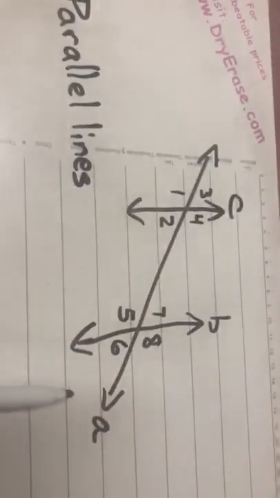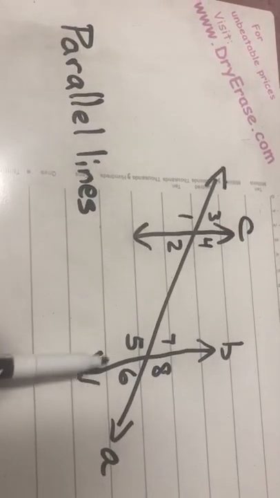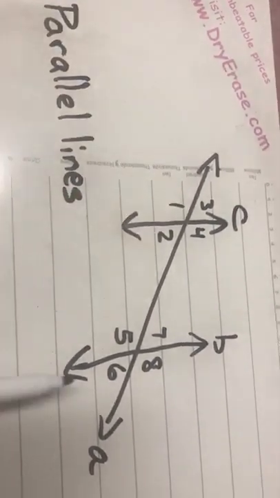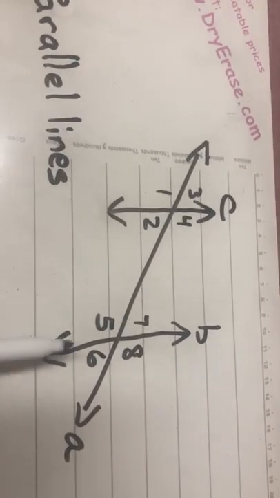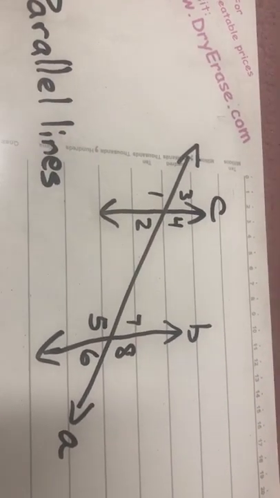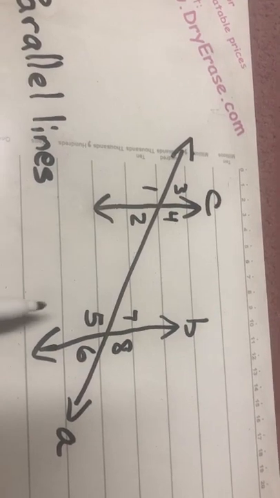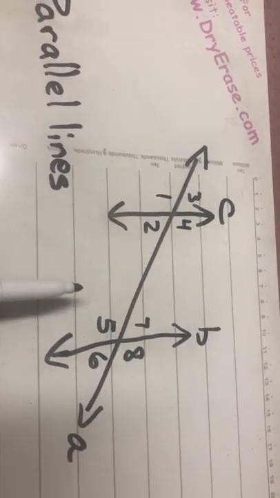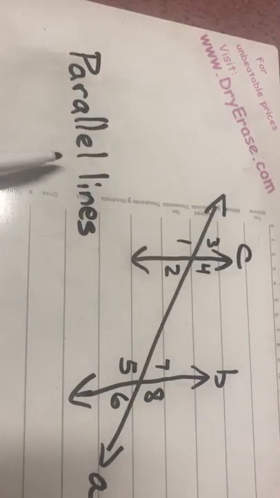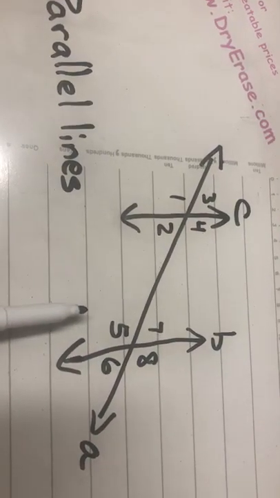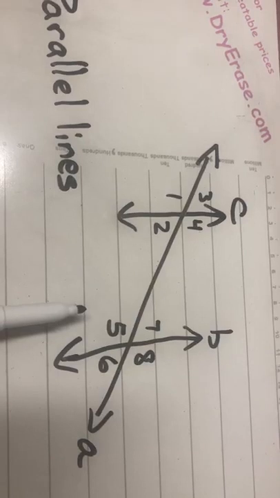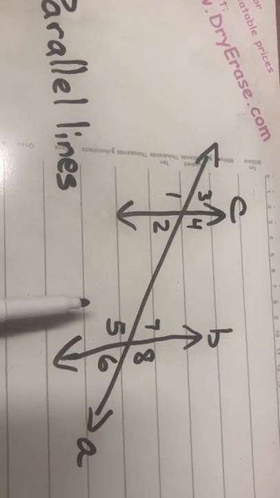You should be able to look at a drawing, design, whatever you want to call this, and recognize what the parallel lines are. Parallel lines are lines that keep on going, but they will never actually cross or intersect.